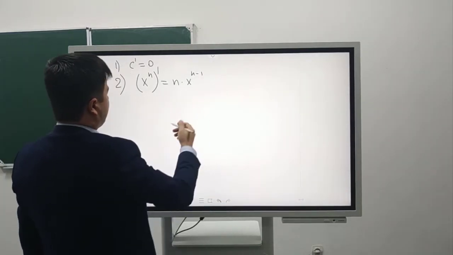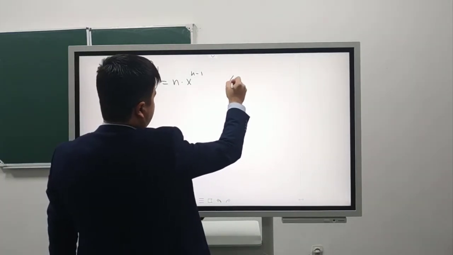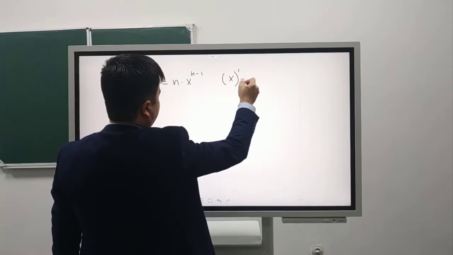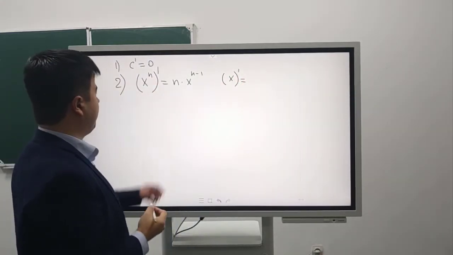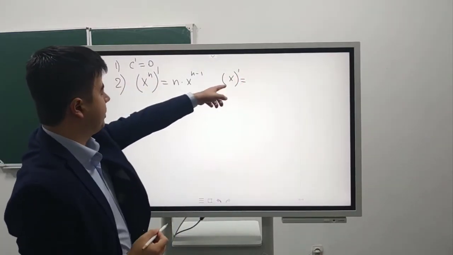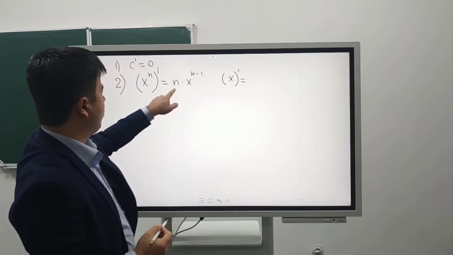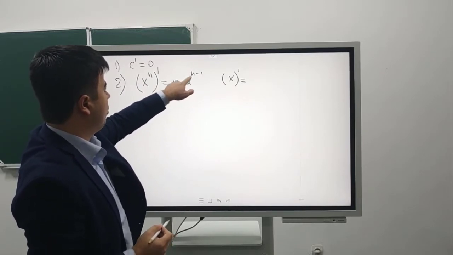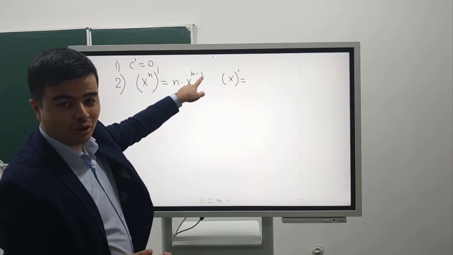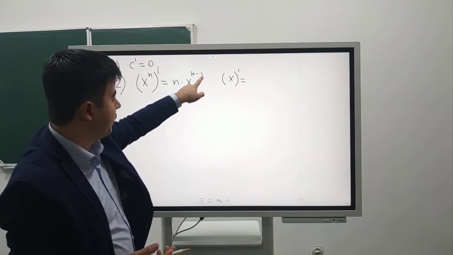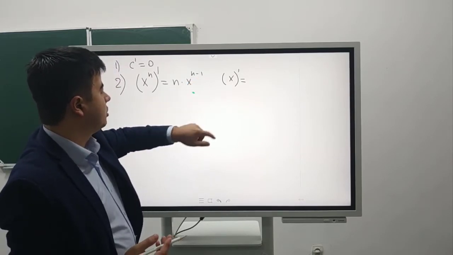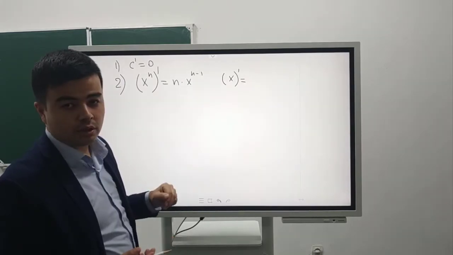And particularly, if we consider just x, the derivative of x, if you put it into this formula, this is x to the first degree. So it will be 1 times x to the power 1 minus 1. So it is 0. It means we get x to the power of 0, and this is 1.